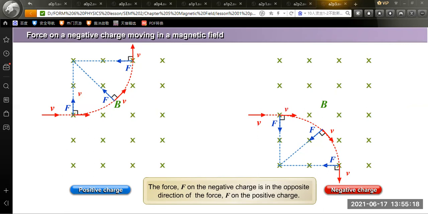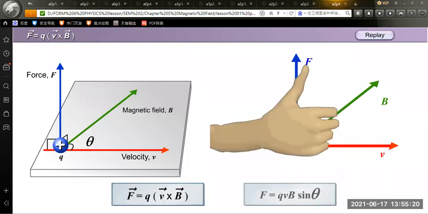Next, we look at here. If F, B, and the direction of the charge are all perpendicular to each other, all at 90 degrees to each other, then the magnitude of the force is equal to QVB.